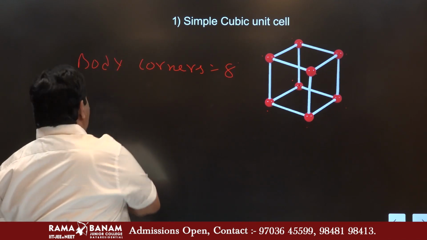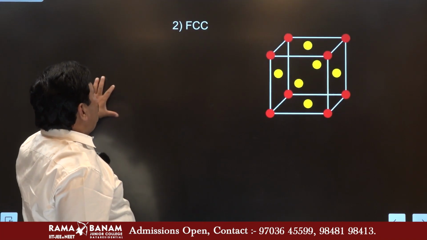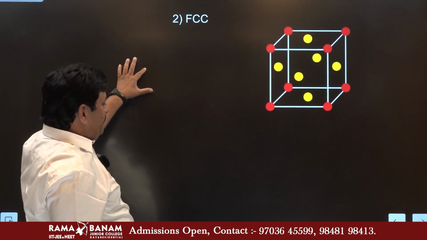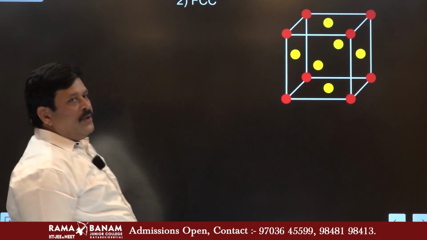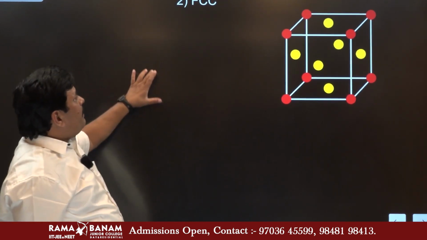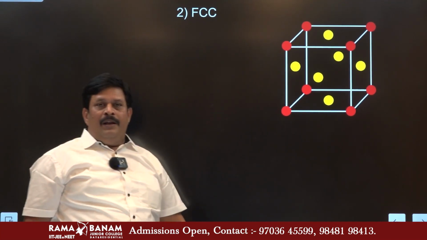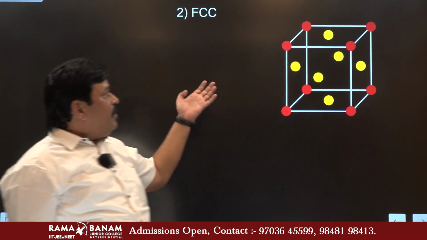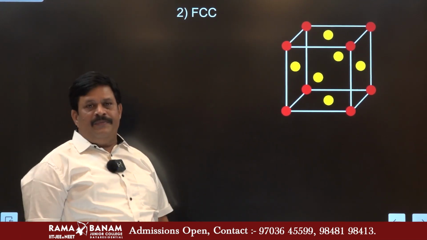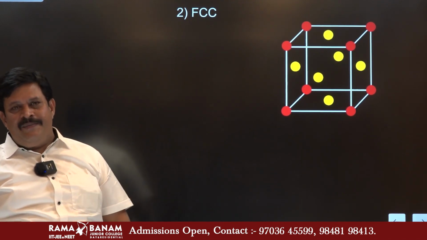And the next type is FCC, face centered cubic. See where the particles are present. See the diagram. The particles are at all body corners and also at face centers.